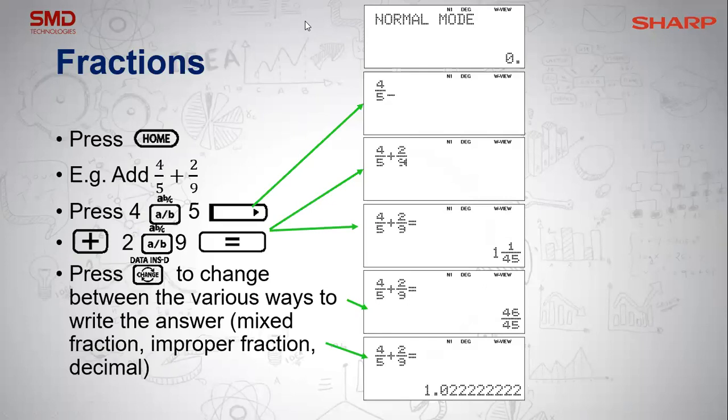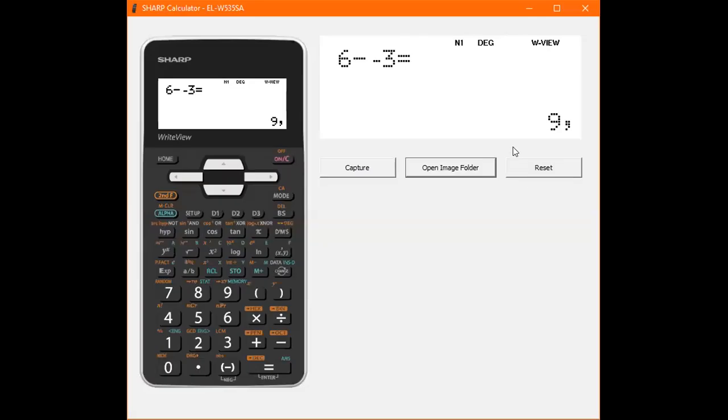Let's talk fractions. Okay, so when we want to add fractions, firstly, if we're doing just proper fractions, there are 2 ways to input the fraction. The first is obviously to press your fraction button first, and then to type in your numerator, press down and type in your denominator, and then press your right arrow key to get out of the fraction.